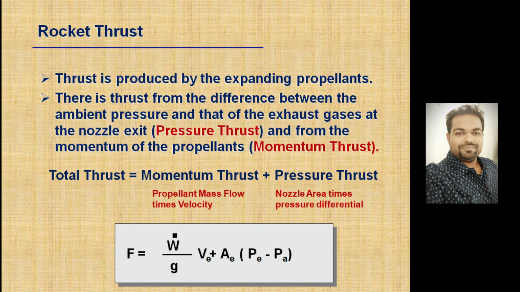So thrust will have two components basically: pressure thrust and jet thrust, or momentum thrust. The velocity at which the gas comes out gives you the jet thrust, and the nozzle geometry, as you have seen, is a variable area nozzle. Inlet area is different from the throat area. So pressure at exit and pressure at chamber will be different. If you multiply pressure into exit area, that will also give thrust. So there will be pressure thrust as well as jet thrust.